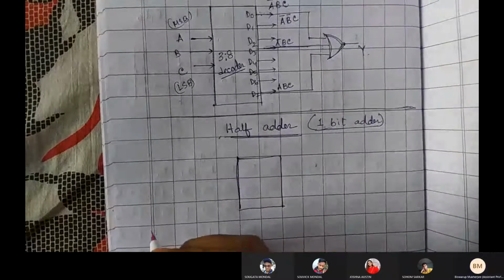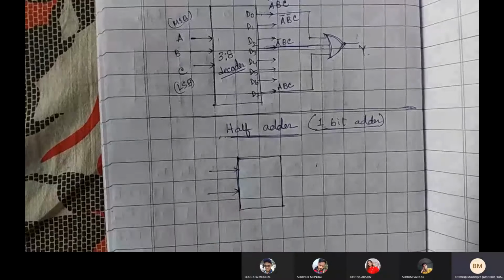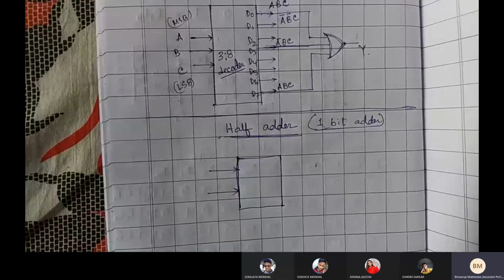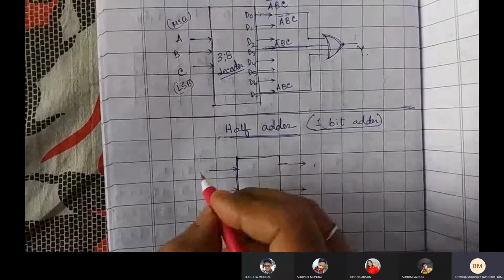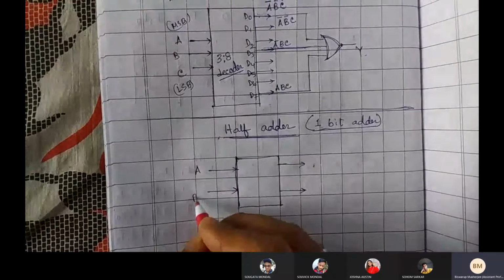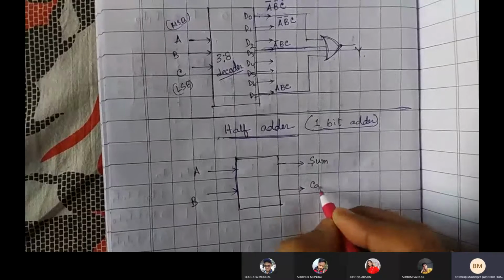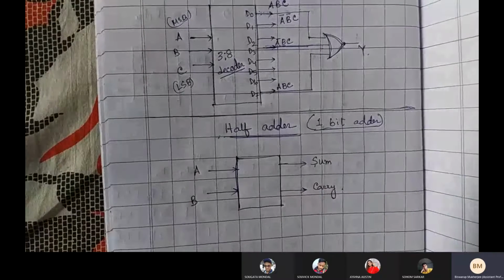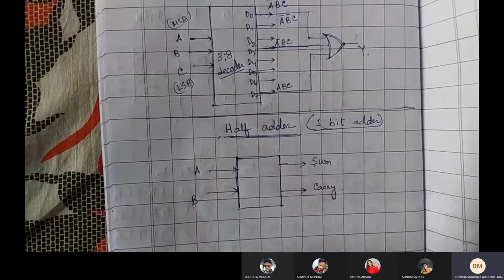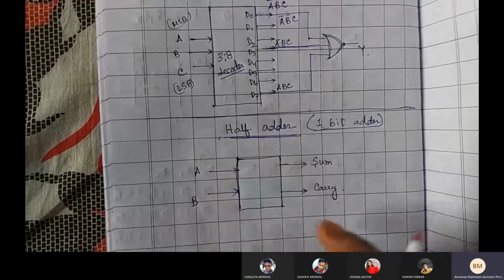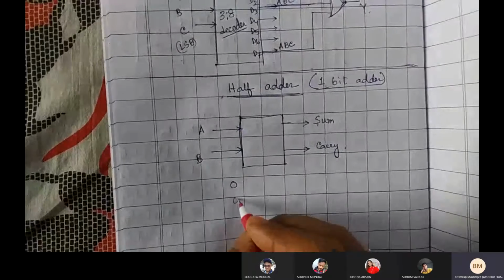A simple adder consists of two inputs; rather, a half adder has two inputs and two outputs. The inputs are A, B. The outputs are sum and carry. It will try to add A along with B. A value can be 0, B value can be 0.